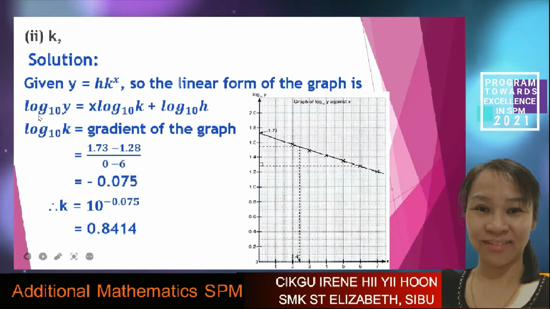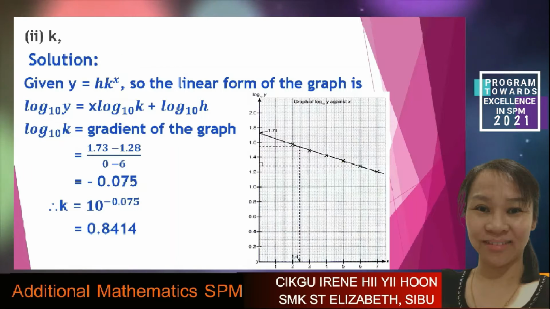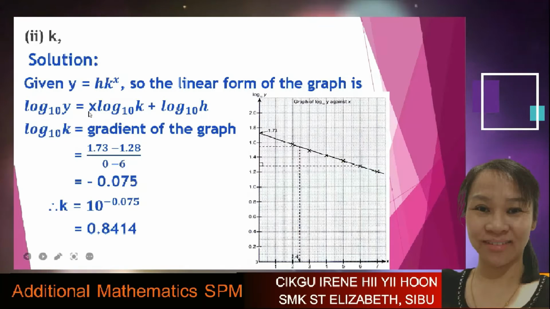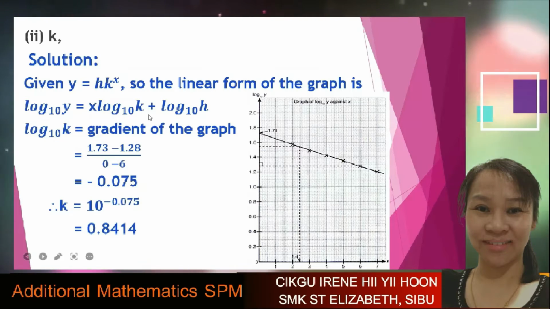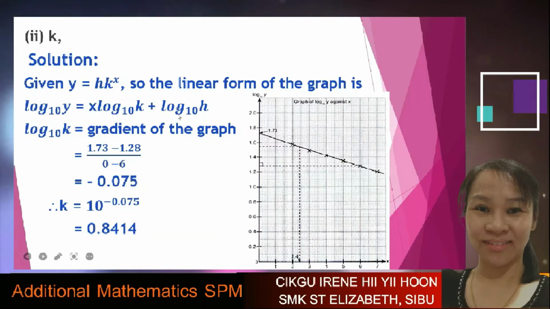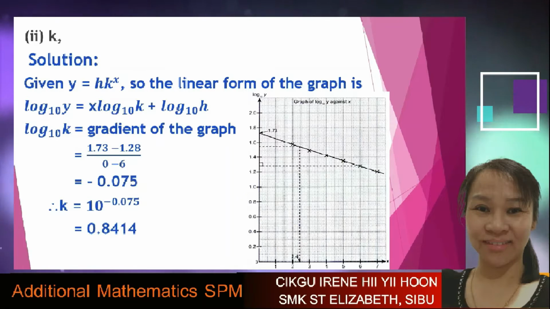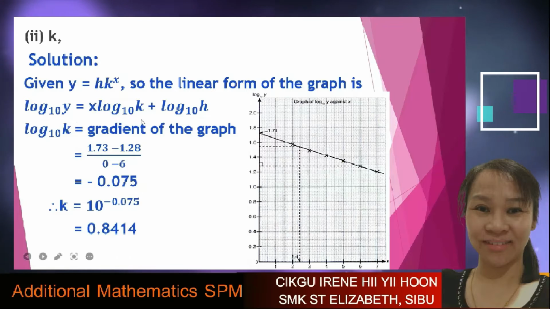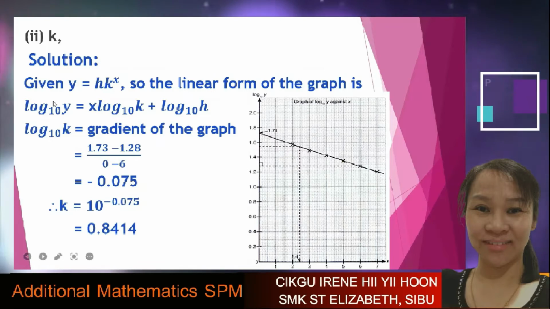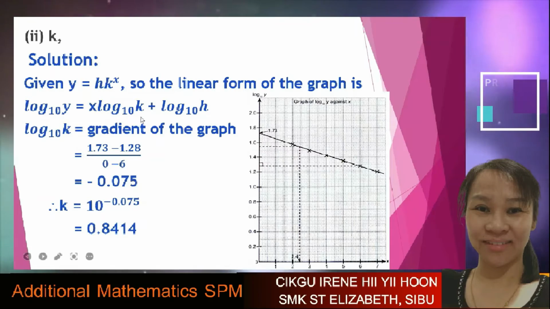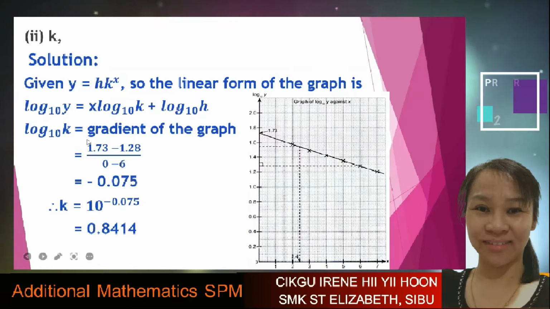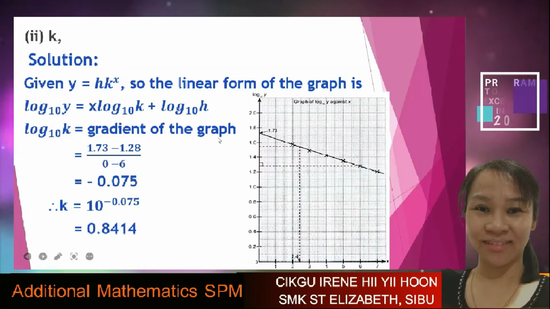Then we will find that log y equals x log k plus log h. From the linear equation, we can see that log k represents the gradient of the graph.